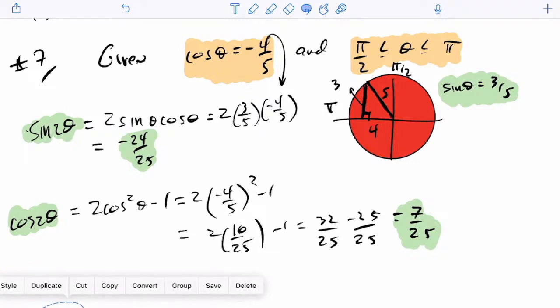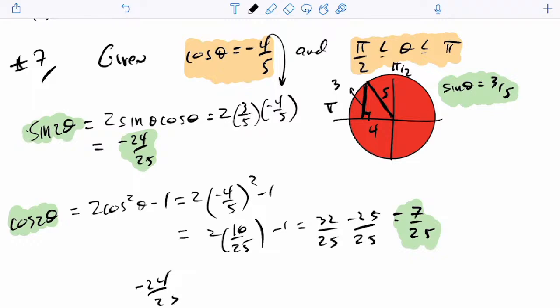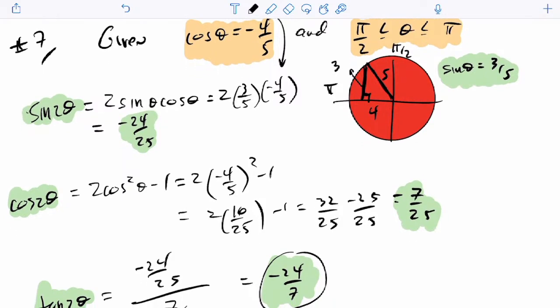So therefore, the tan is just the division of the two. Divide these two out, and you get negative 24 over 7. Okay, so there's number 7. Oh, is my screen blocked again?